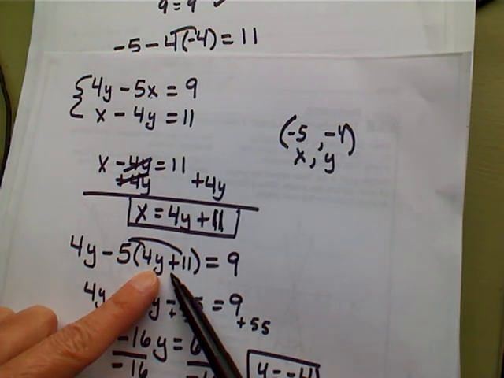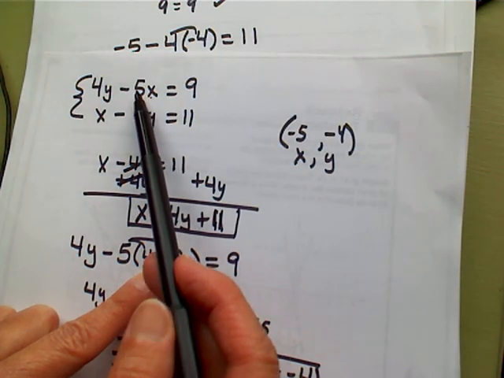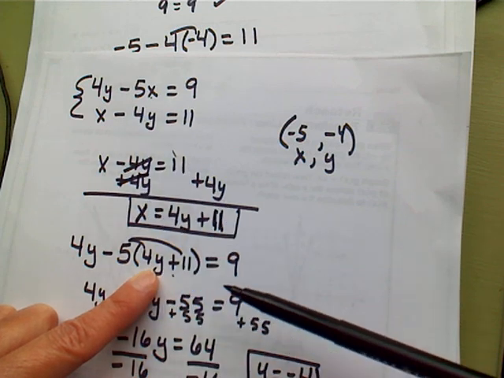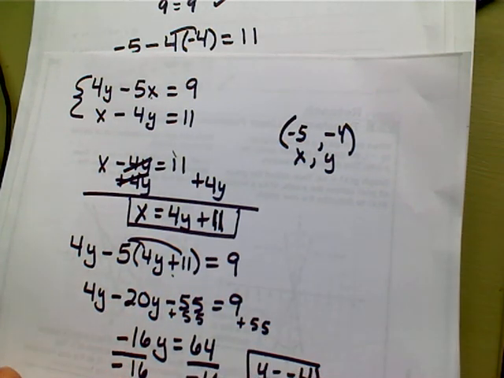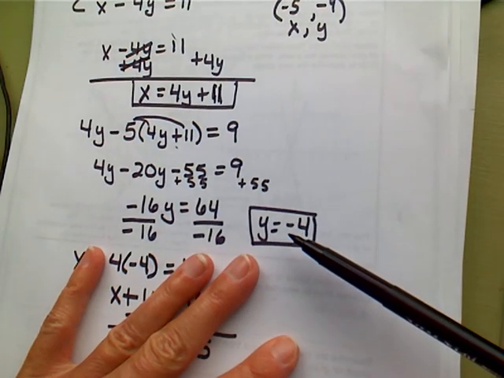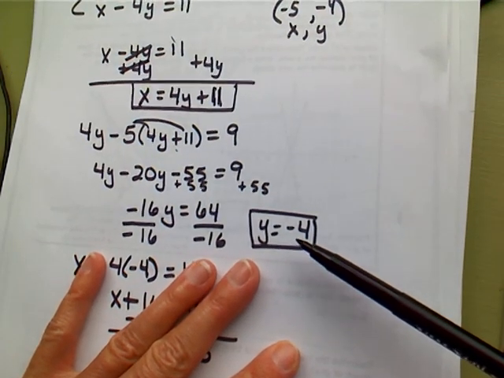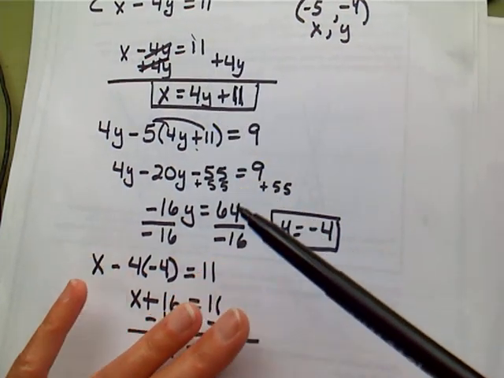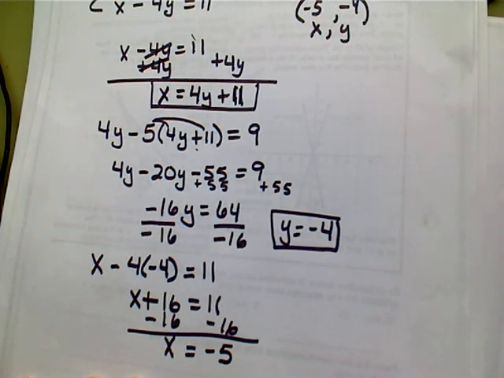Then I substituted it into one of the equations. I picked either one, it didn't matter originally. Then when I found the value of x or y, in this case y, I took that value of y and I went back up to the other equation that I did not substitute in, and then I solved out for that one.